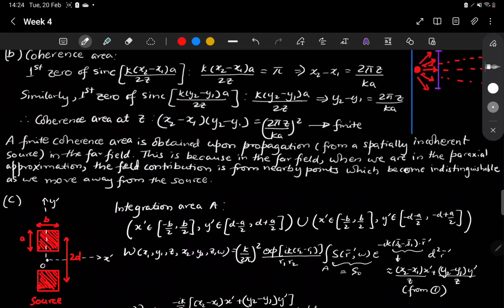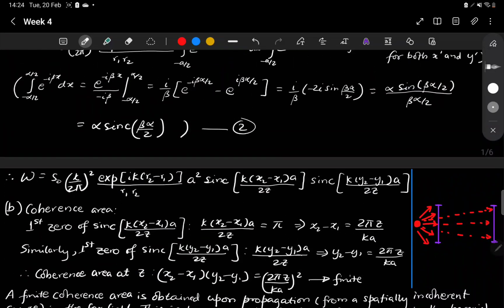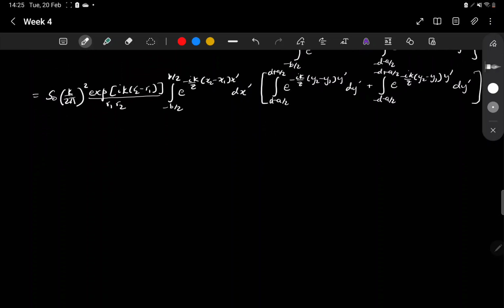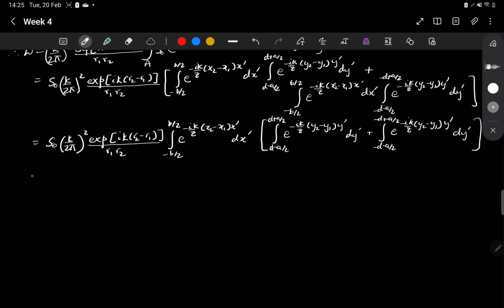Now we can make use of equation 2, this integral of the exponential, to evaluate the integrals. So this first integral then becomes the following sinc function.